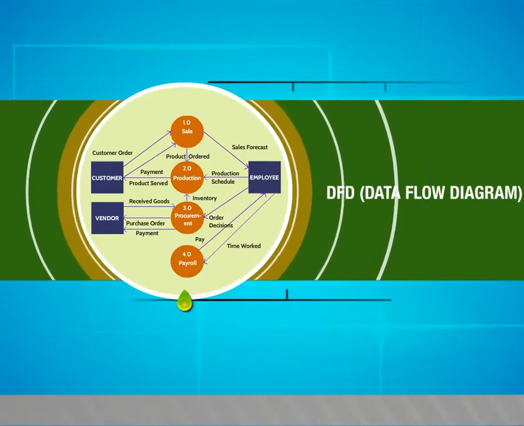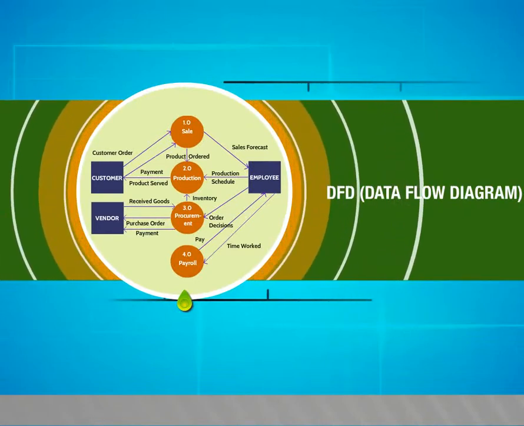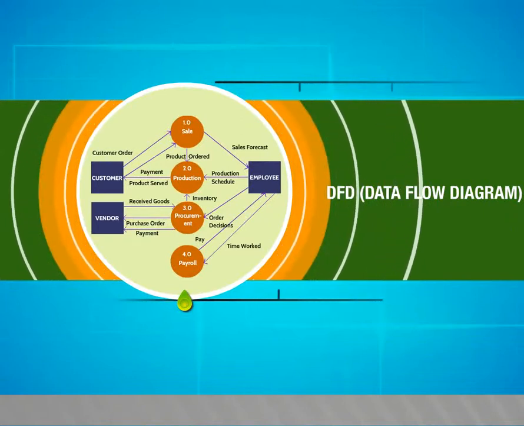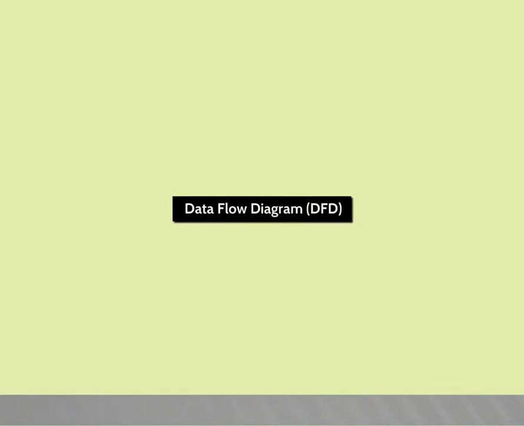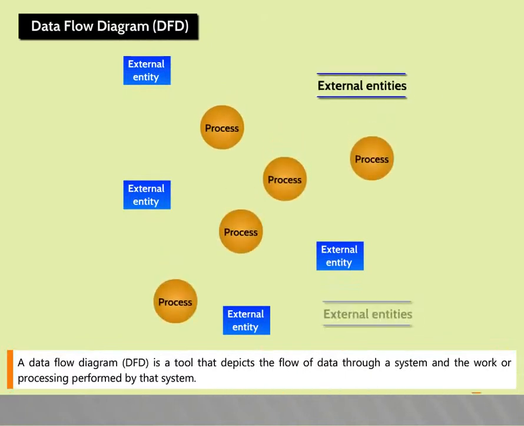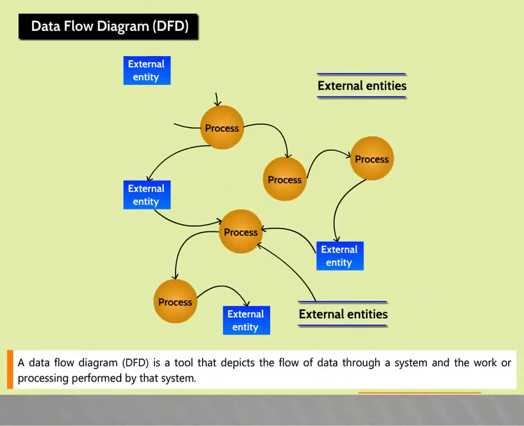DFD, Data Flow Diagram. In this video, we are going to see about DFD, Data Flow Diagram. A data flow diagram, DFD, is a tool that depicts the flow of data through a system and the work or processing performed by that system.